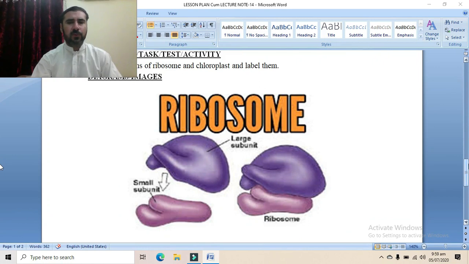This is the ribosome. This is the whole structure of the ribosome. We will discuss later that it consists of two subunits, the large subunit and the small subunit. Now this is the whole structure of the ribosome.